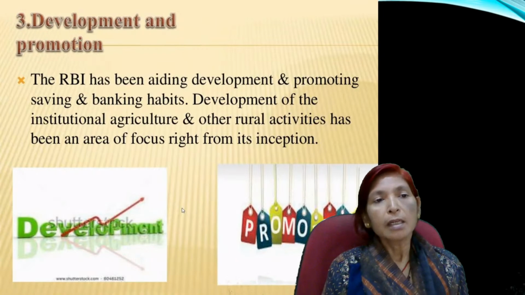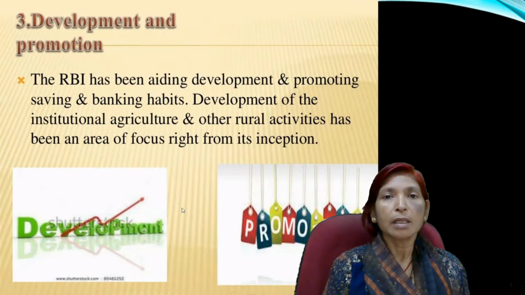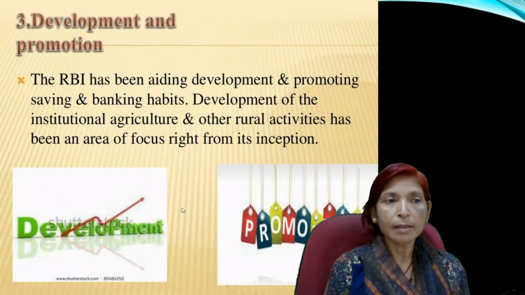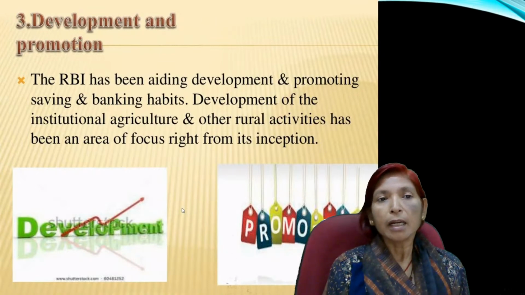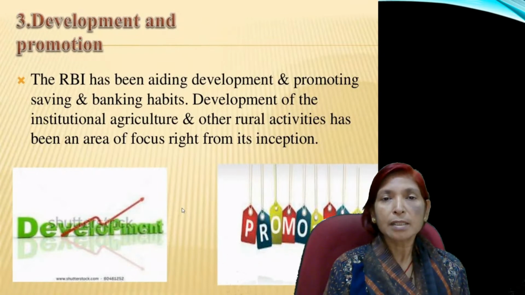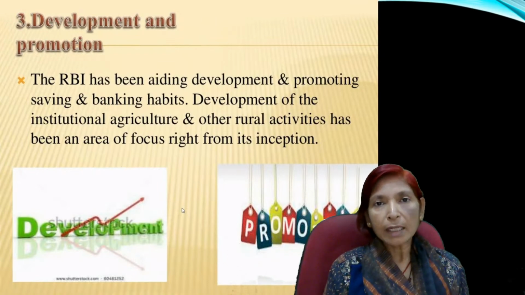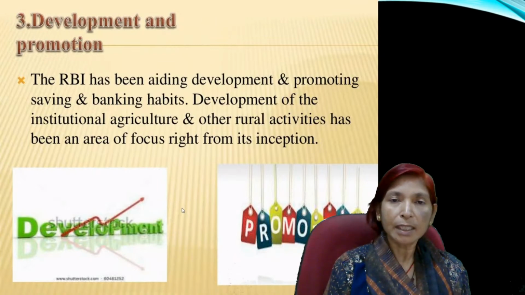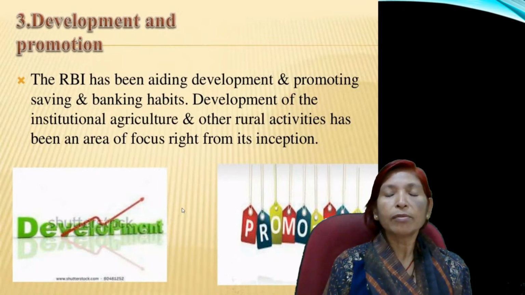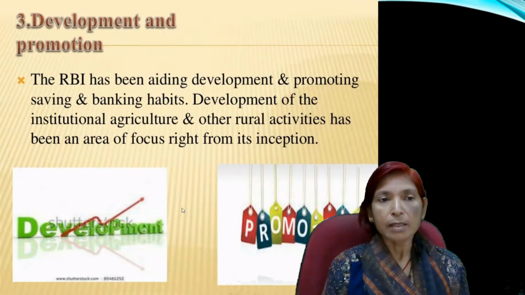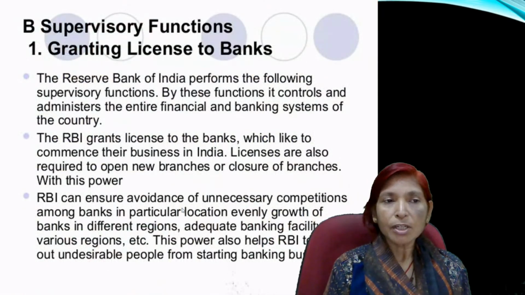So, RBI can promote all the economic sectors like the primary sector, secondary sector, and tertiary sector, and RBI can develop and promote all the rural area activities by providing loans and advance facilities at a lower rate of interest.